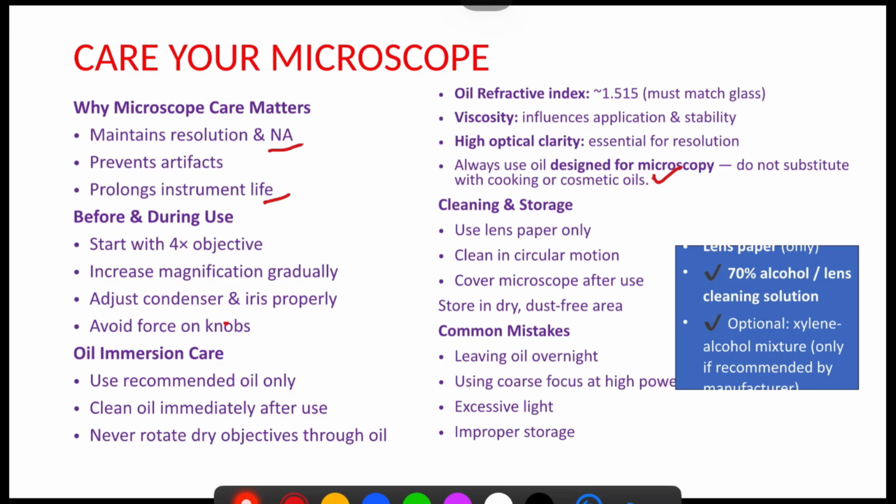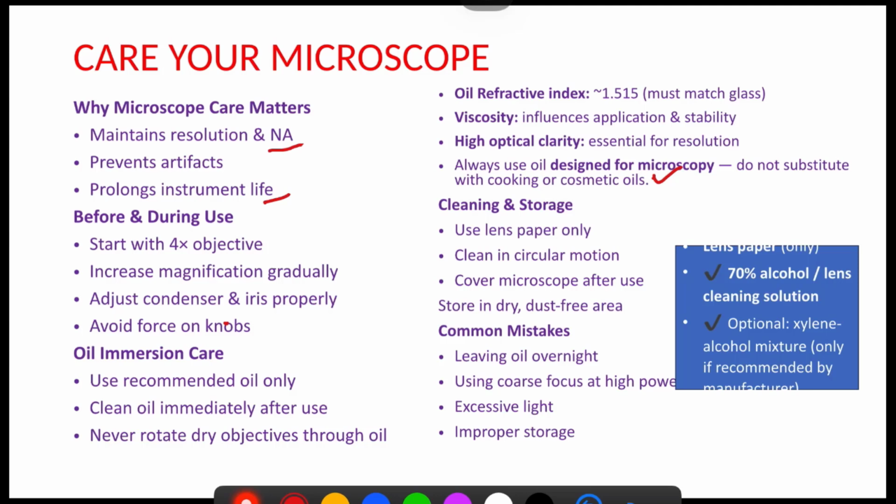Clean in a circular motion. Cover the microscope after use, and store it in a dry, dust-free area. Lens paper is generally preferred. You can use 70% alcohol or lens cleaning solution, and optionally a xylene alcohol mixture if recommended by the manufacturer.